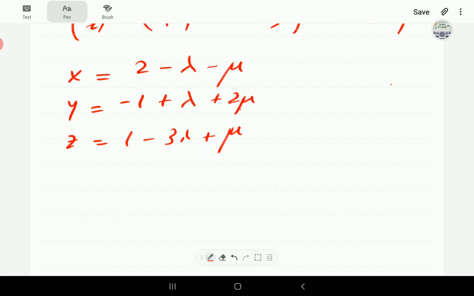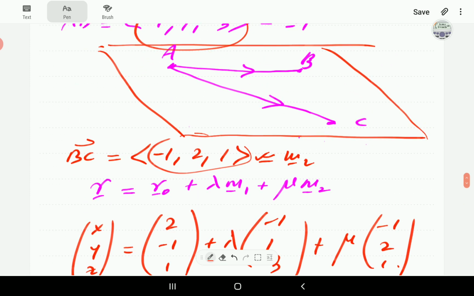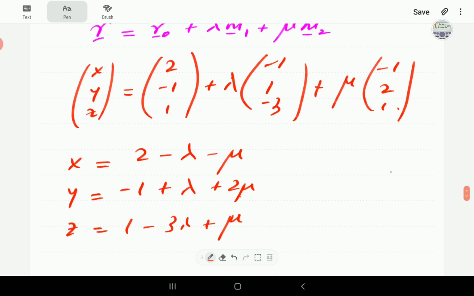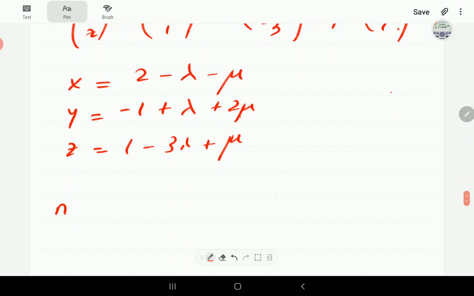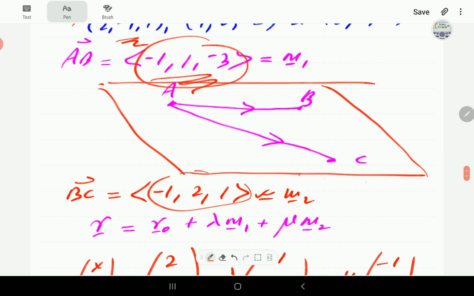For the scalar form of the equation, we're going to do the cross product of M1 and M2 to find the normal vector. So M1 cross M2, so that's going to be i, j and k, minus 1, 1, minus 3 is the first one.